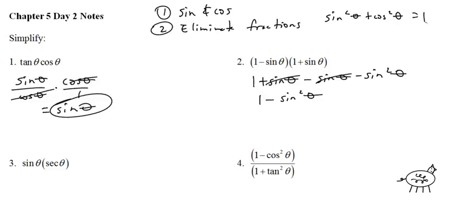If you see a 1 and some trig function that's squared, look to see if you can write that combination with just another simple trig function. For example, 1 minus sine squared, I can subtract sine squared from both sides, and that equals cosine squared of theta. So that's your answer for that problem.